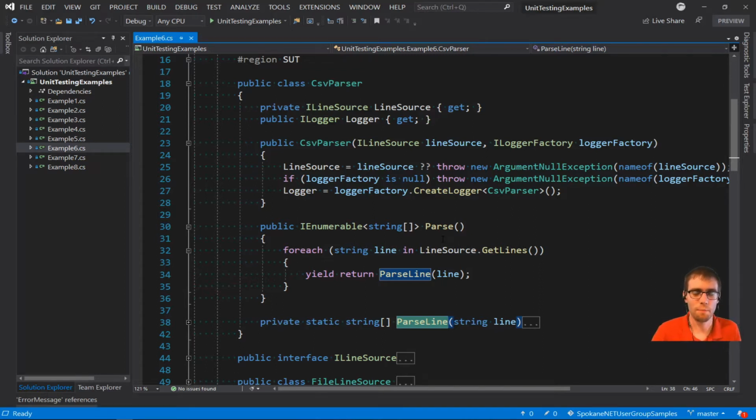So again, people get really hung up on test coverage numbers. I think test coverage is a good way of finding what you still need to test, but just because something's covered by a test doesn't mean that it's actually tested, right? Test coverage numbers can find what you've missed, but not what you've actually written a good test for.